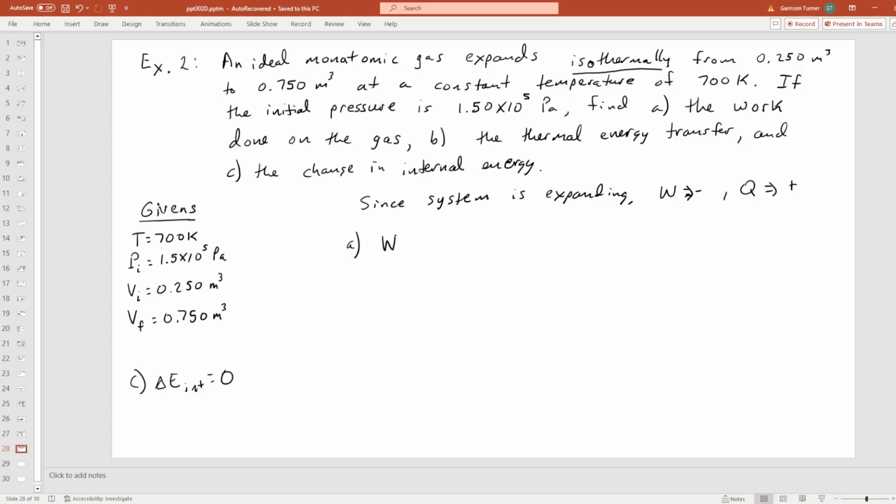The work done, since this is an ideal gas, once again, our pressure as a function of volume is going to be NKBT over V, right?